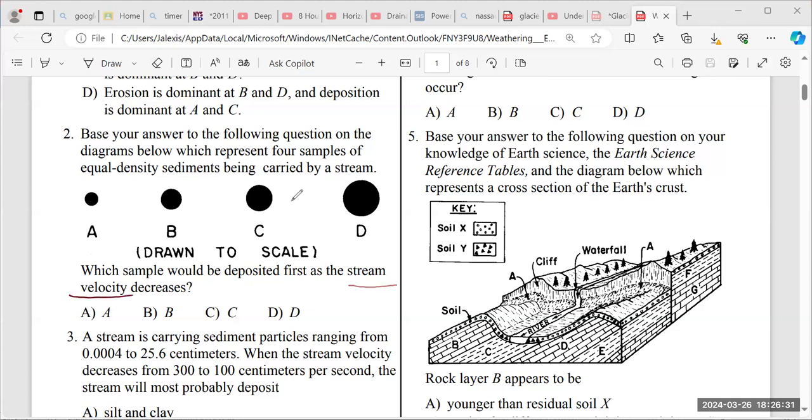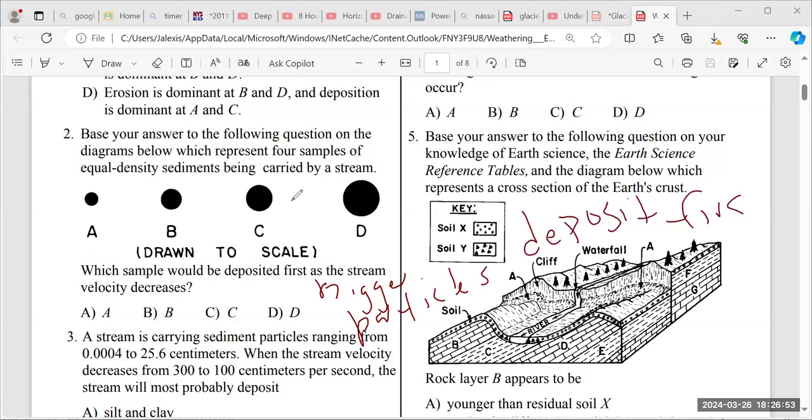Once stream velocity begins to decrease, the rule is that the bigger particles are deposited first. The stream is not moving fast enough to carry the largest sediments, so they have to be dropped off first. The biggest sediment here is going to be option D.